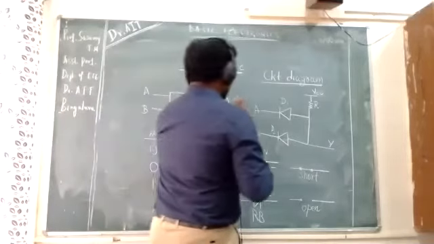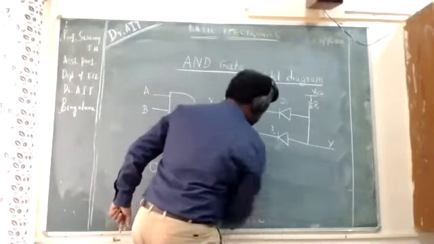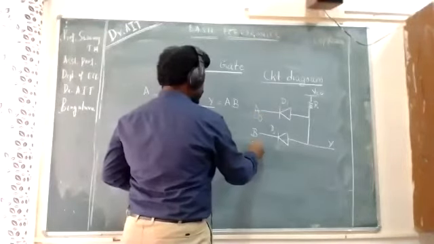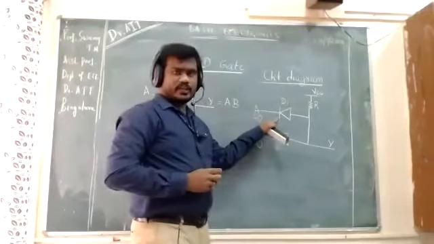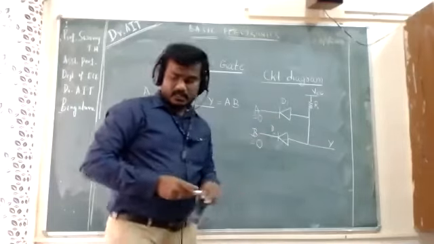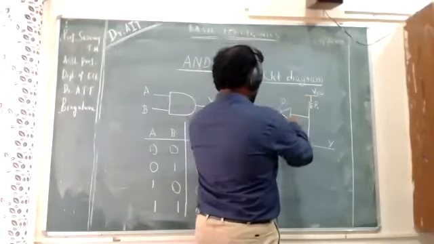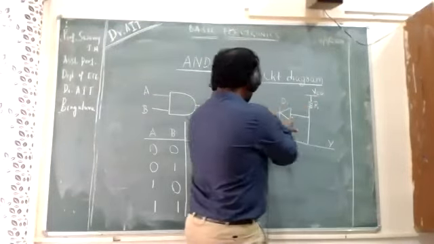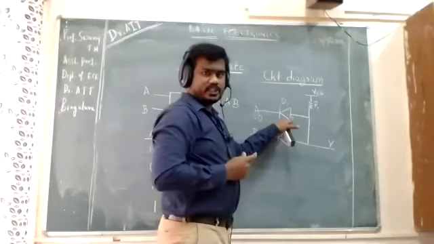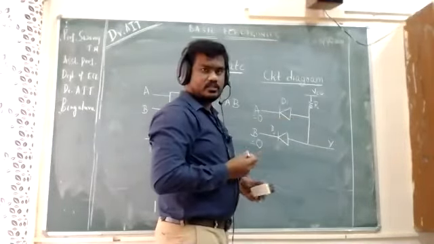Now we have taken the first case, that is, when both inputs are equal to 0. When A is equal to 0 and B is also equal to 0, what is the action of the diode? Is this diode forward biased or reverse biased? Since you are giving a very high voltage to the P terminal of the diode and logic 0 here, we will assume that this diode is in forward bias condition, and in forward bias condition I have to replace the diode by this short circuit.